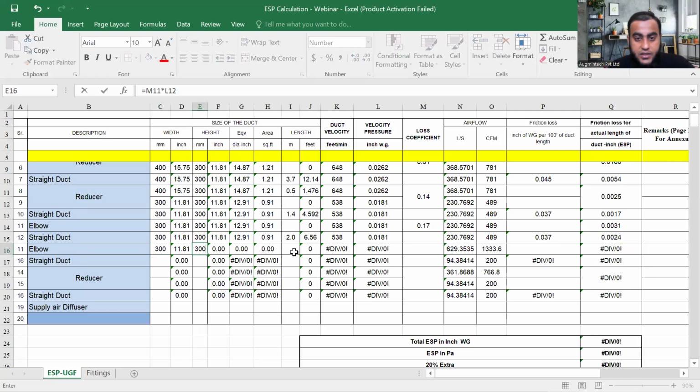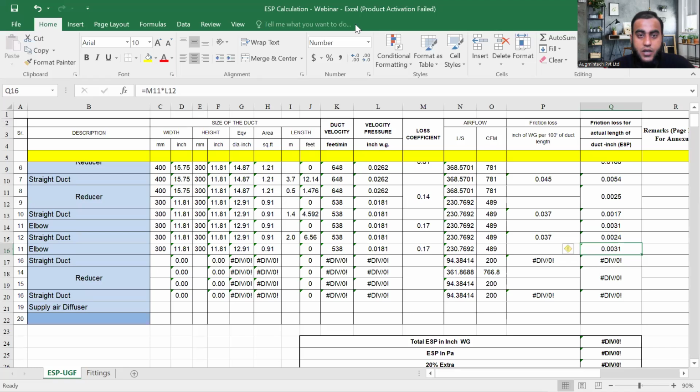Now we have to enter the flow value, 489. Friction loss coefficient value we have calculated 0.17. So as per that, we are getting the same here. But the value is a little bit different here. Why? Velocity pressure, friction loss is correct, 0.031. Here also we are getting 0.031.